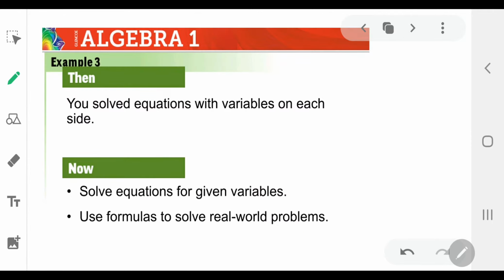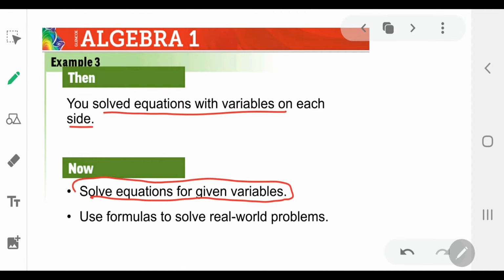Now let's see the objective of this tutorial. Previously, we learned how to solve equations with variables on each side. We learned special solutions and how to simplify with grouping symbols. Today we're going to solve equations for given variables, and those equations are called literal equations.